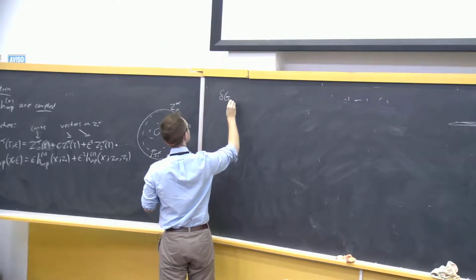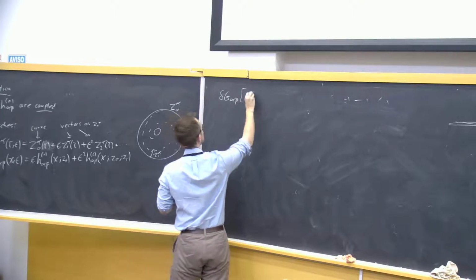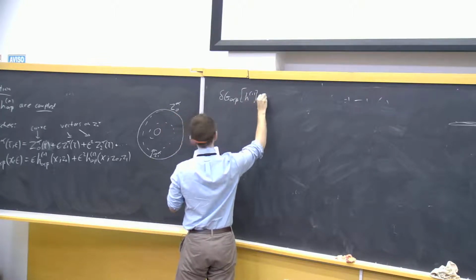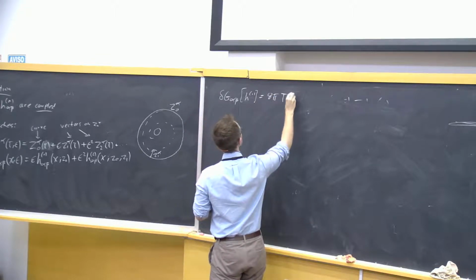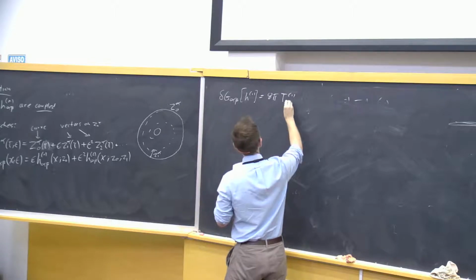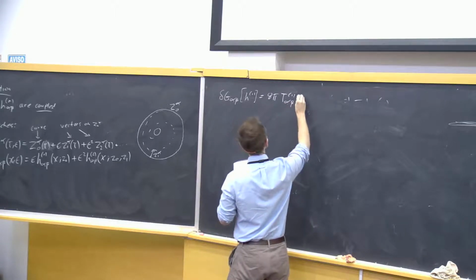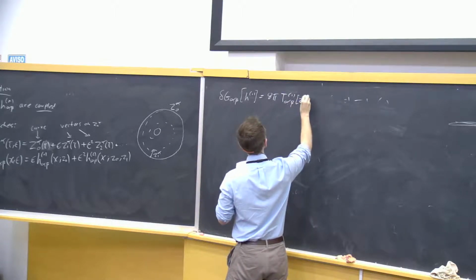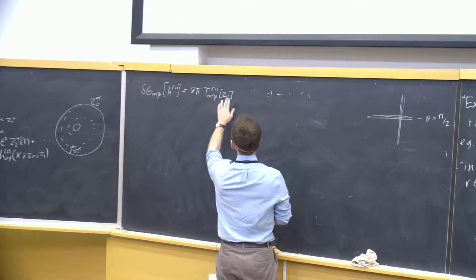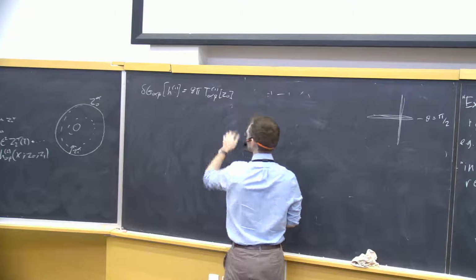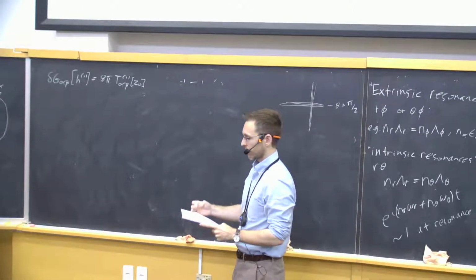So you have the linearized Einstein tensor constructed for h1 is equal to 8 pi T1 alpha beta, which is the stress energy tensor of a point mass moving on the 0th order world line.